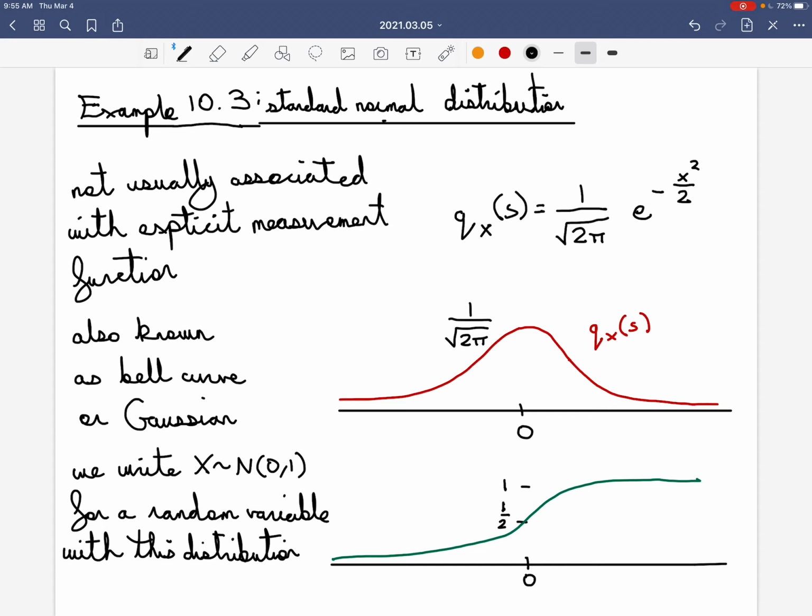Okay, so the next example we want to consider is what's called the standard normal distribution. And so when I just throw this distribution at you now, if you haven't seen it before, it's not at all obvious why anyone would think about this.